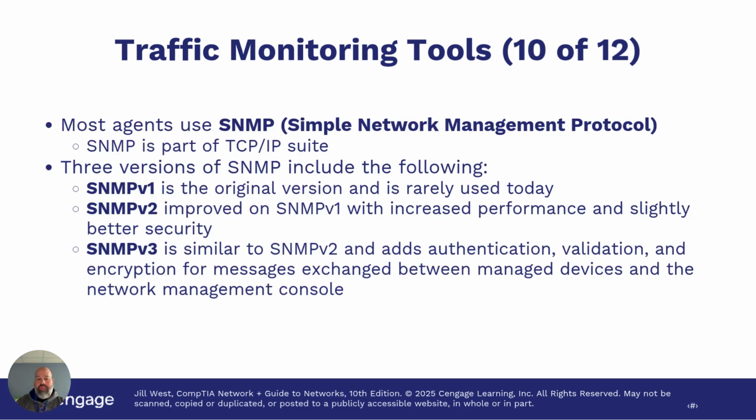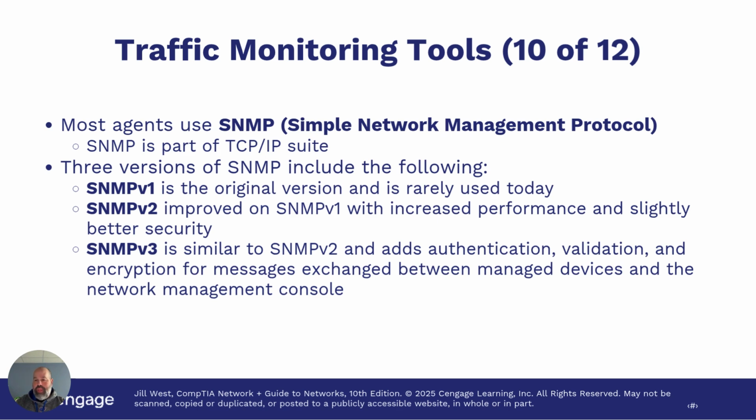SNMP comes in three flavors, kind of like ice cream, but not as tasty. We've got SNMP version 1. V1 is the original. It's not really used today because it's about as secure as leaving your front door wide open. Next, you've got SNMP V2, which does have improved performance and added slightly better security, kind of like upgrading from no lock to a cheap padlock.